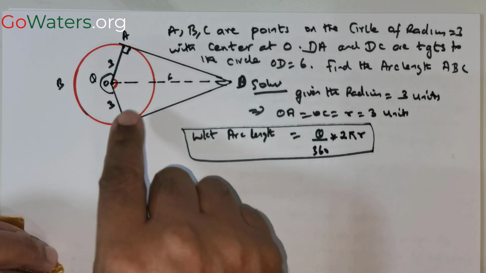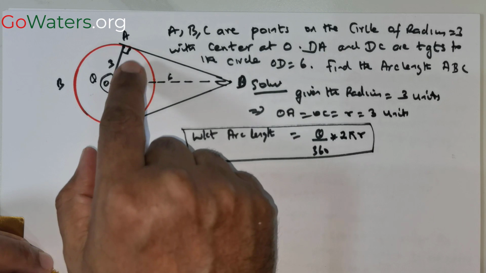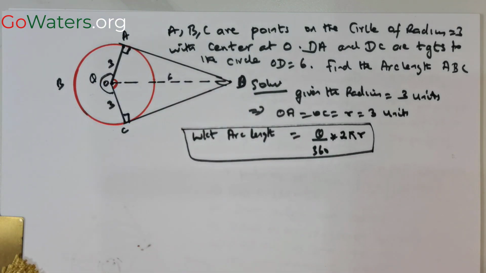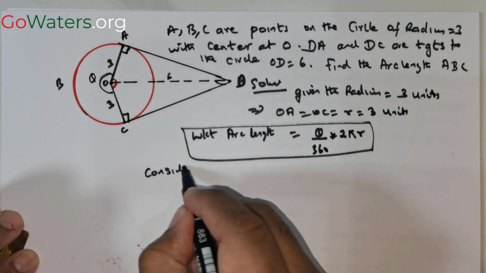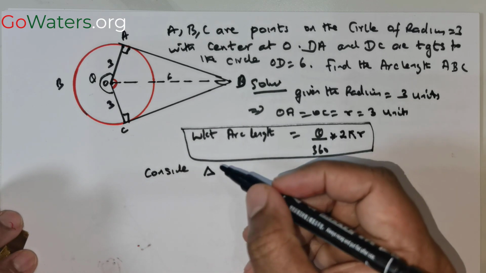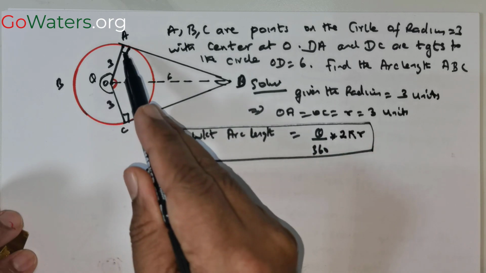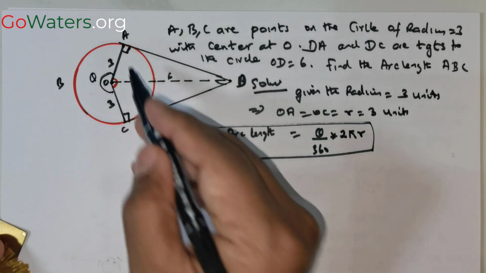So for that, what I wish to do is consider the triangle, the first one which you see here, ODA. You can start off by drawing the triangle. Consider triangle, probably I will just consider starting from OAD because it's a right angle over here.